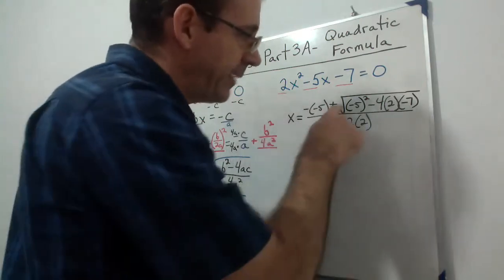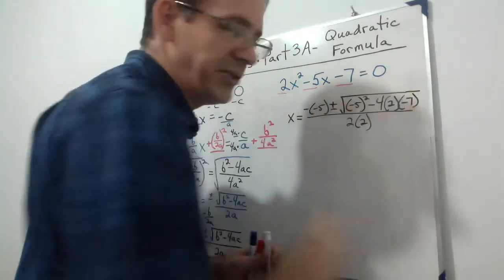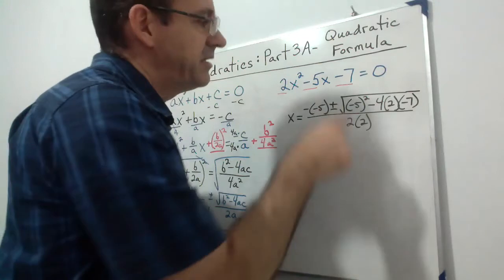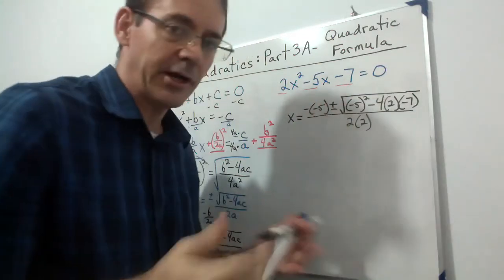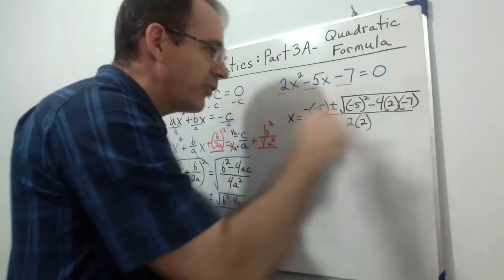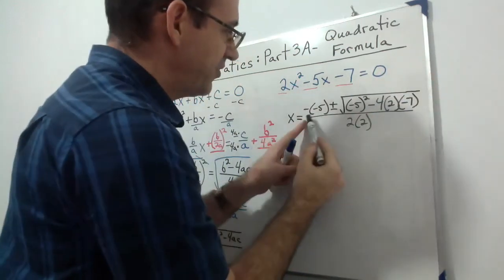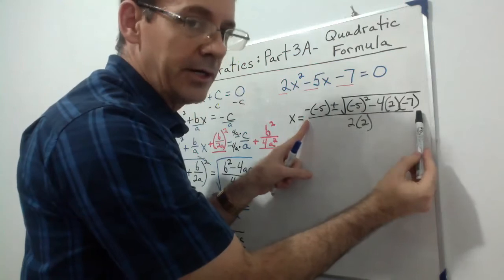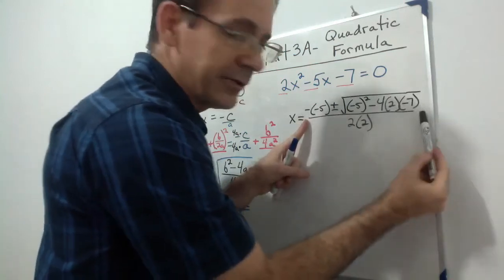Several things. You need to make sure that all of this is inside your radical. You need to make sure that your negative numbers are in parentheses. You need to make sure that you use an outer set of parentheses to establish this division bar as going all the way across.